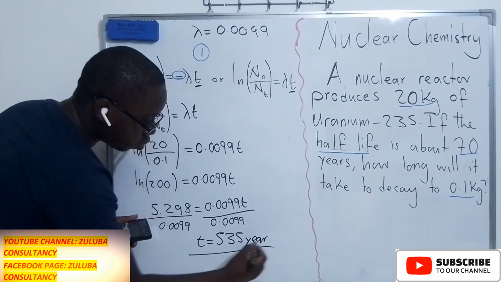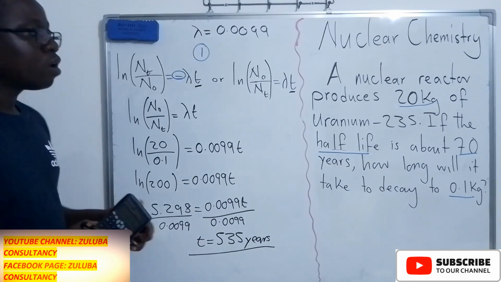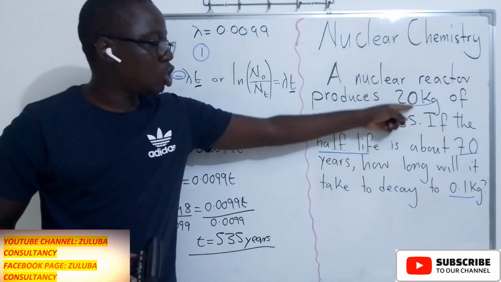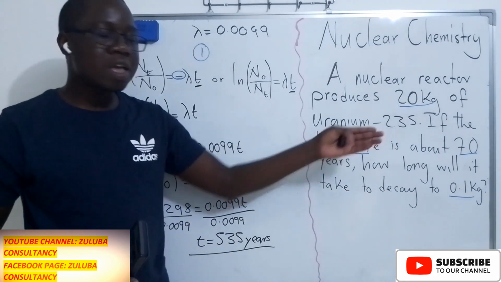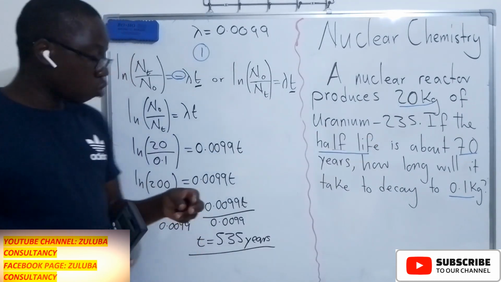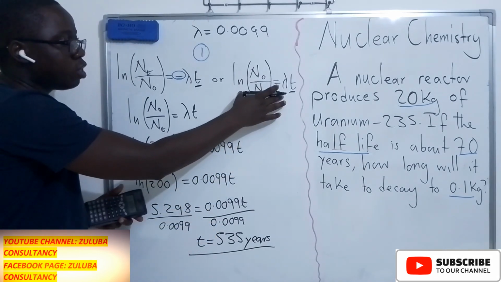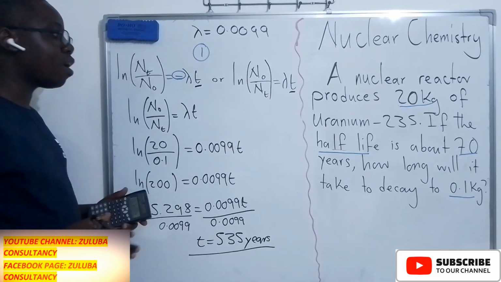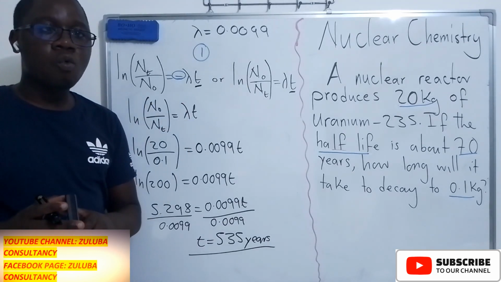So it will take 535 years for the 20 kg to reach 0.1 kg if the half-life is 70 years. So we have used the second equation. You try using the first equation, and we hope this video was beneficial.